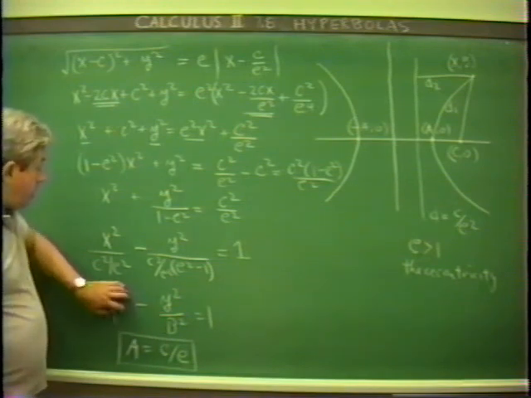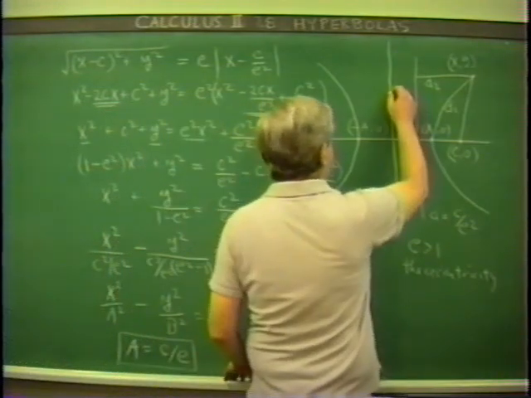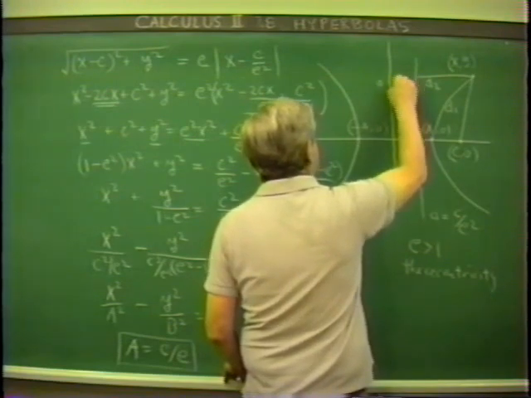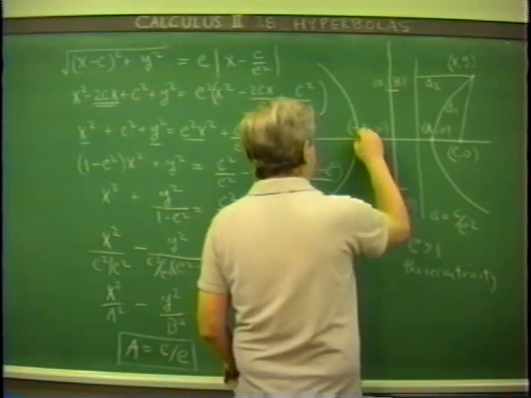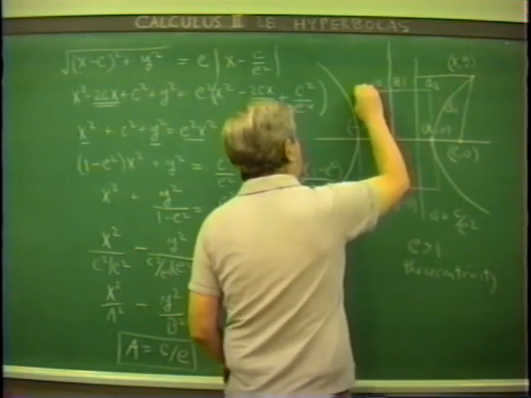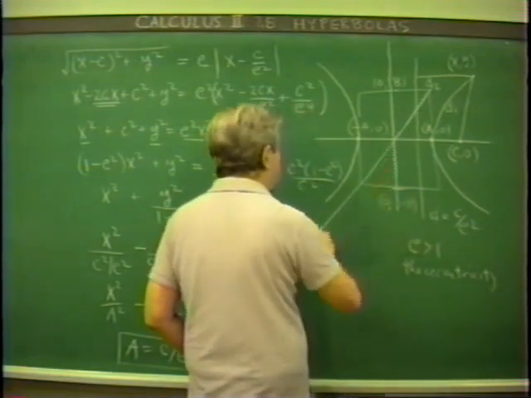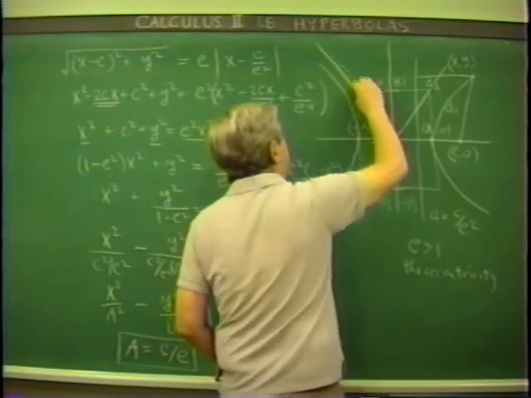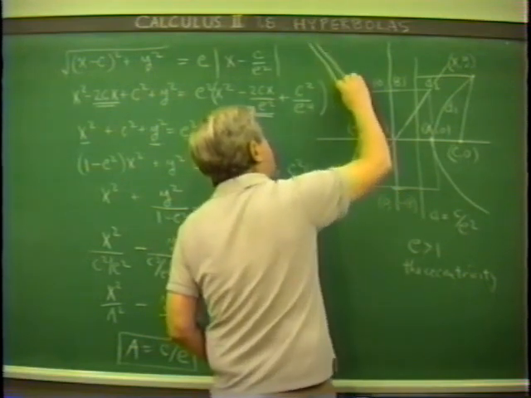And if I draw this point b, when x is equal to 0, y is not defined. But if I draw the point 0, b up here, and also the point 0, minus b, and complete this rectangle, it turns out that these lines right here are asymptotic to the hyperbola.